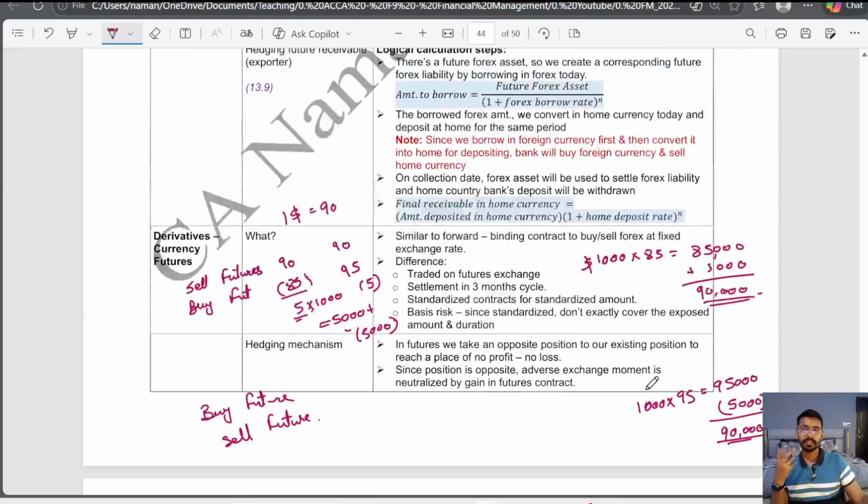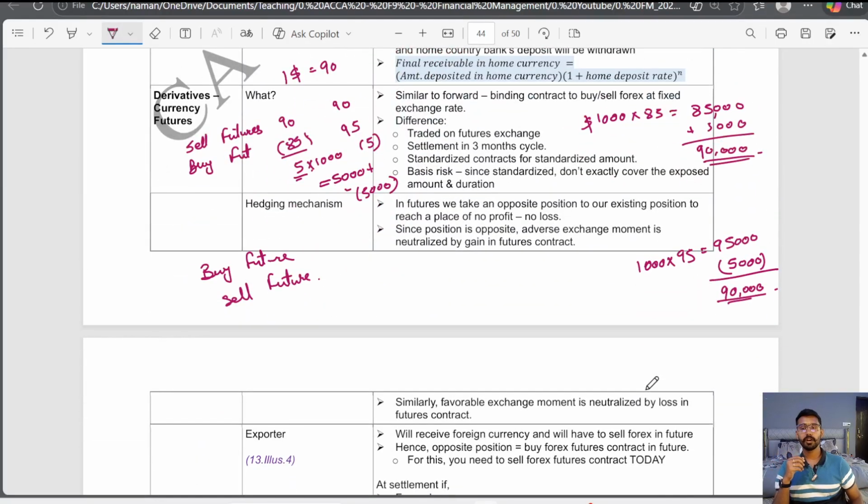Now, there's an additional element to futures contracts, which is options. What happens in an options contract is, you would see that in the second scenario, when the rates moved in the favorable direction, our gain of 5,000 was neutralized because of the loss on futures.